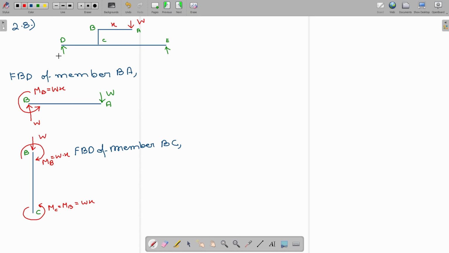Now, from both the diagrams, we are going to write certain conclusions: the member BA is actually carrying both shear force and bending moment.